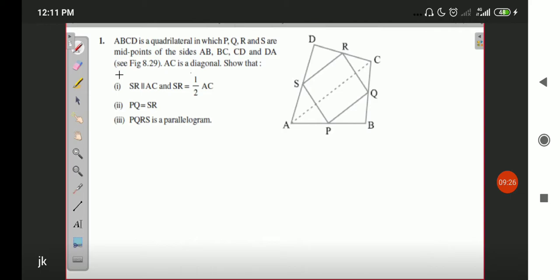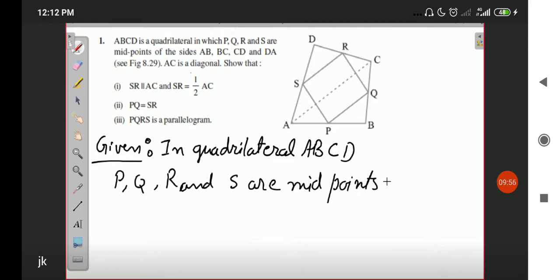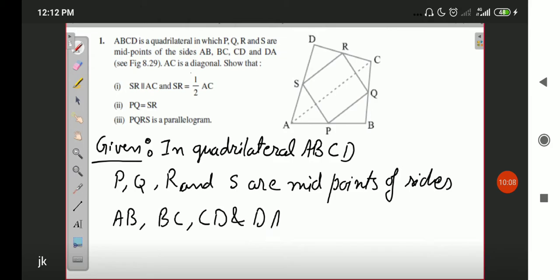First of all, we will write down what is given to us. In quadrilateral ABCD, P, Q, R and S are midpoints of sides AB, BC, CD and DA respectively.